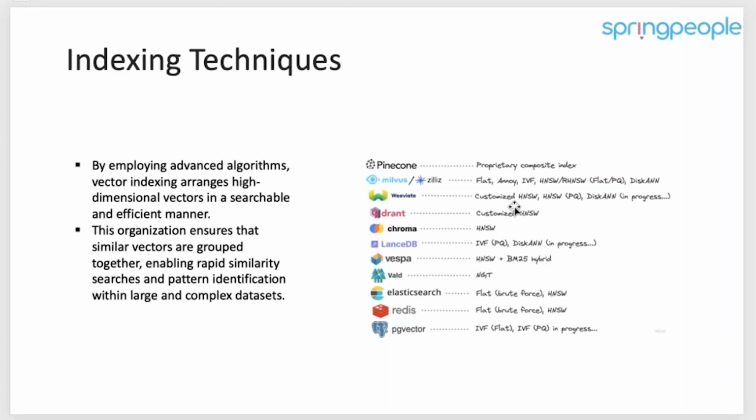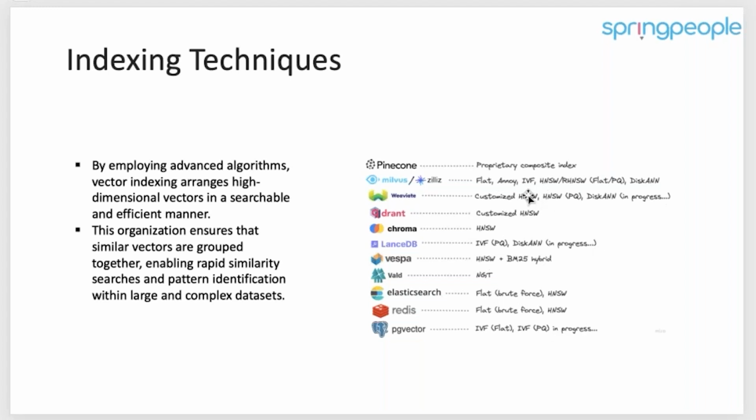Okay, so different kinds of indexing techniques exist. Now, why is indexing important? Indexing is important not just for storing the data, it's also to organize similar data together, right? So that it becomes easy to retrieve it. And this organization of similar data is at massive scale, and we use various kinds of algorithms to help do it.